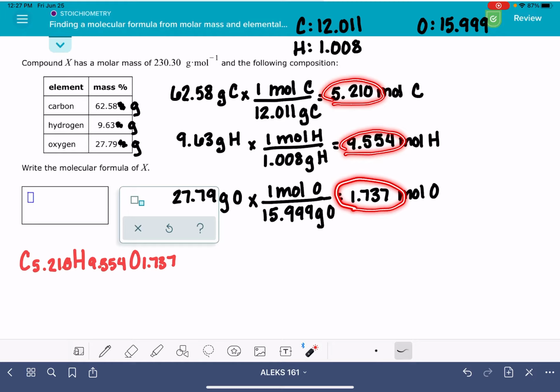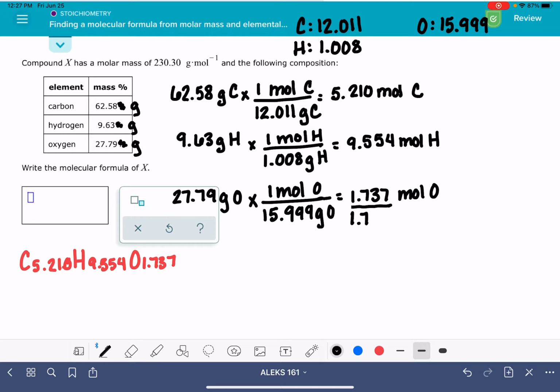We're going to find the one of these three that is the smallest. The smallest is the 1.737 moles of oxygen. And we will divide every number by 1.737. So what we're doing is basically taking that smallest number and turning it into 1. We're dividing everything by that same number so that we don't disrupt the ratio of the carbon to the hydrogen to the oxygen.